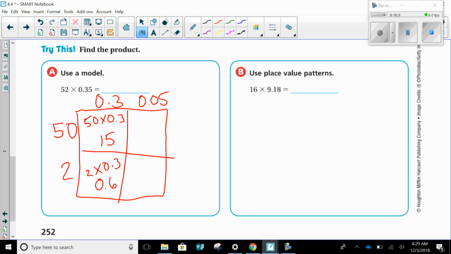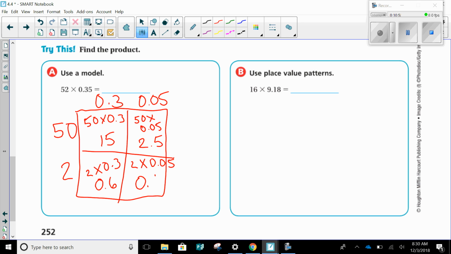Then this one, if I can put it in there, it's the same thing as 50 times 5 hundredths. Okay, 5 times 5 is 25, so it's 2.5. And then this one is the same thing as 2 times 5 hundredths.